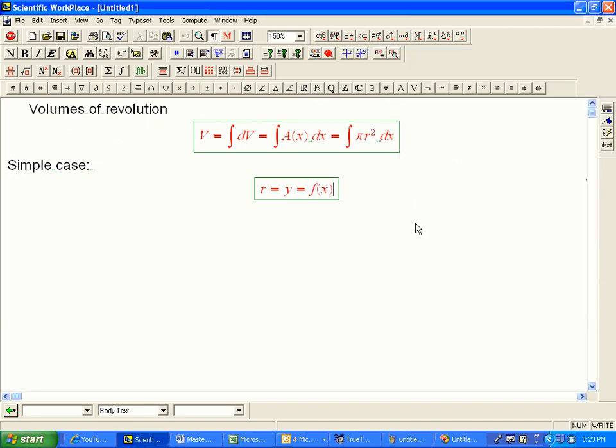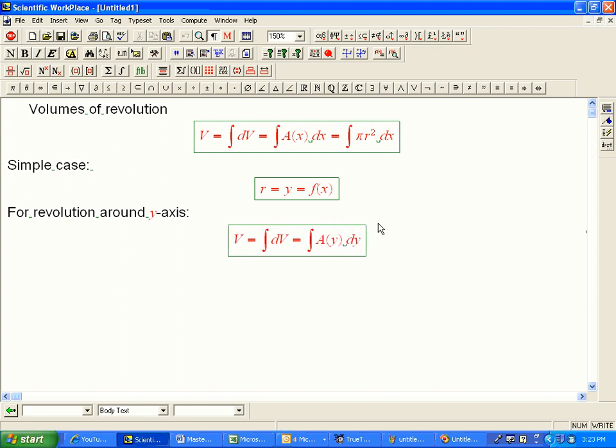So let's write out the general formula for revolution around the y-axis. The start's going to be the same: the whole is the sum of its parts. Each part is now a slice with thickness dy and an area that depends on y, the height.